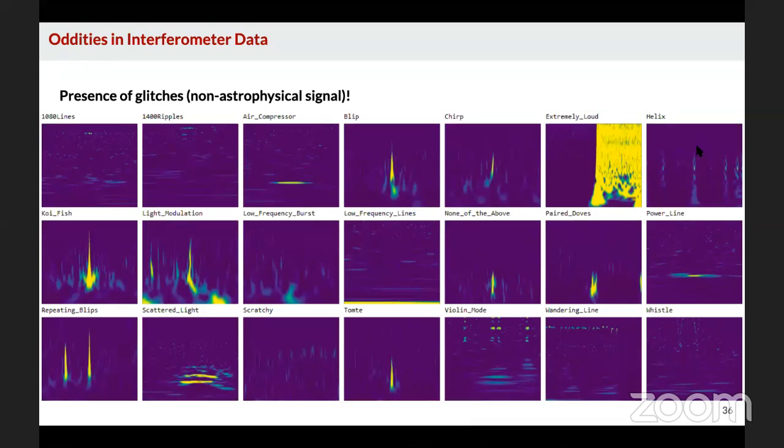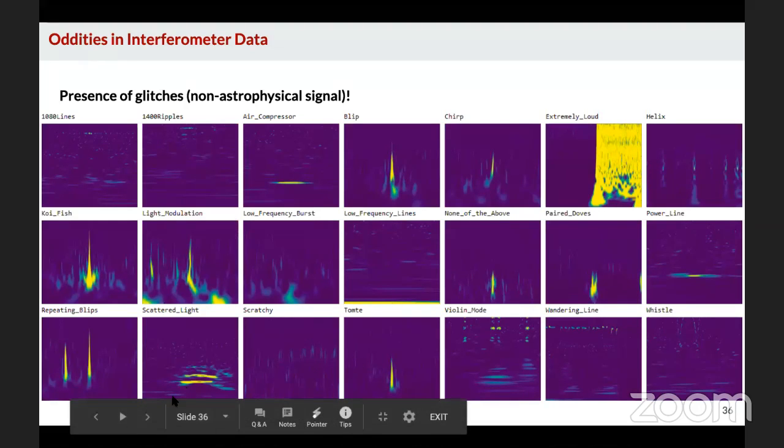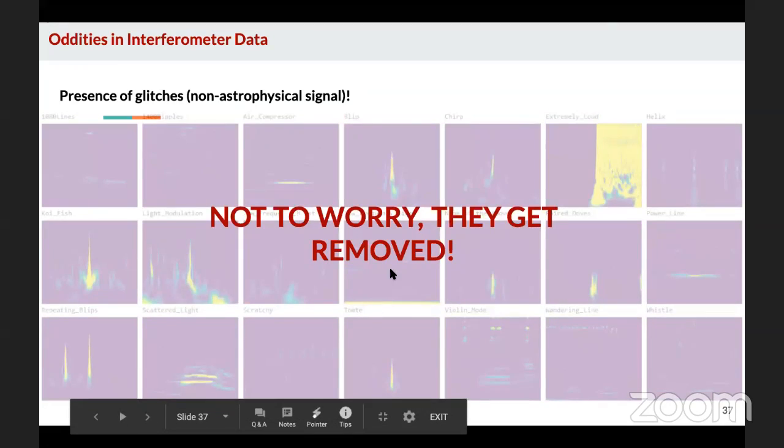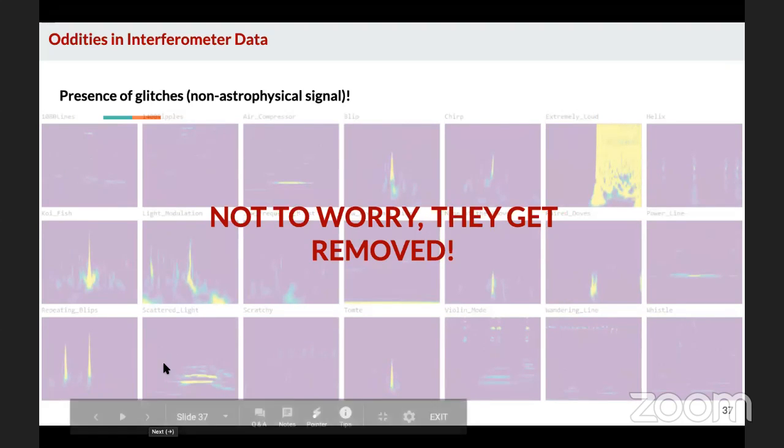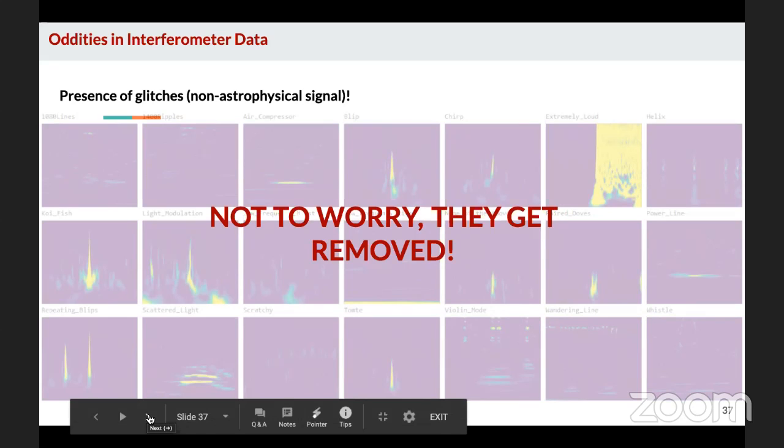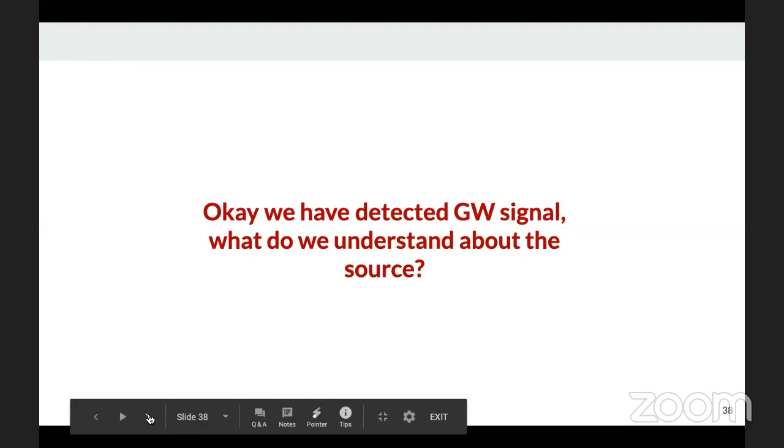Suppose the air compression is not working, and then you see some power coming in the gravitational wave data. This pollutes our data. Do we have to worry? Not really, because there are sophisticated methods by which we remove all these non-astrophysical signals from the data to detect the real astrophysical signals.